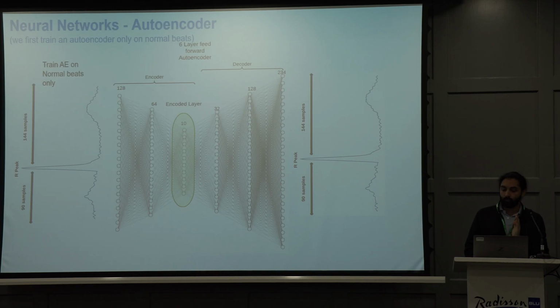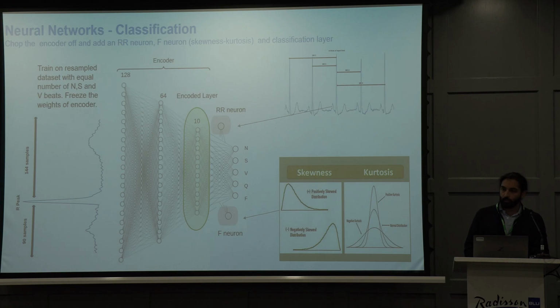After we trained our autoencoder, we chopped off the decoder, took this encoded layer and fed it through a classification layer. So you immediately reduce the size of your model by half and you keep the same accuracy. I'll come back to this idea. It sounds like a fairy tale, but it has some backing to it. We'll come back to this idea towards the end of this presentation.